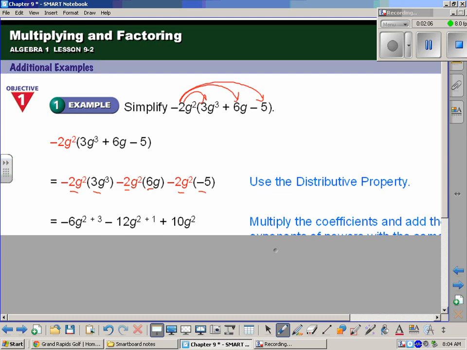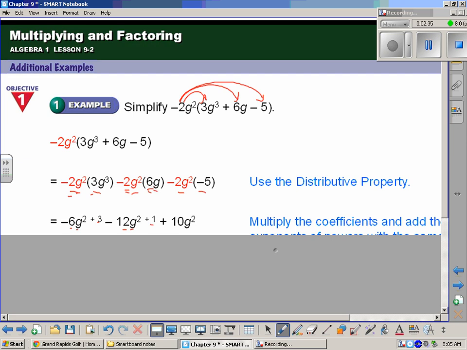All right, so this gives us our solution. We're multiplying our front numbers: negative 2 times 3 is going to give us negative 6. Then we carry over our g, and we add the exponents to get g to the fifth. Same thing over here. We have negative 2 times 6, which gives us negative 12, and our g squared times the g gives us g cubed.